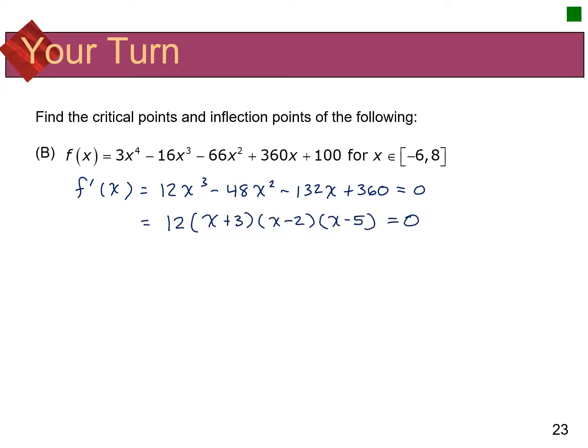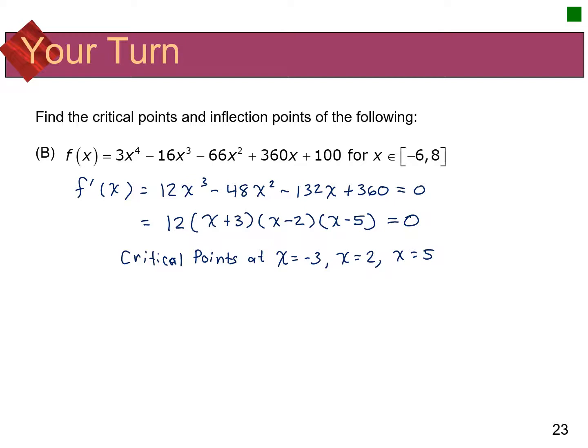I happen to know because I set it up that it factors into 12 times x plus 3, x minus 2, x minus 5. Again, that's the way I set it up. So negative 3, 2, and 5 are the values of x that are going to make f prime of x equal to 0. So these are potential critical points. You can do that through exploration, graphing techniques.